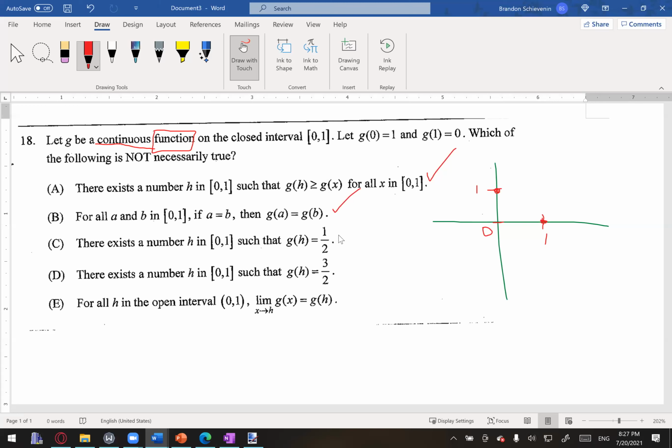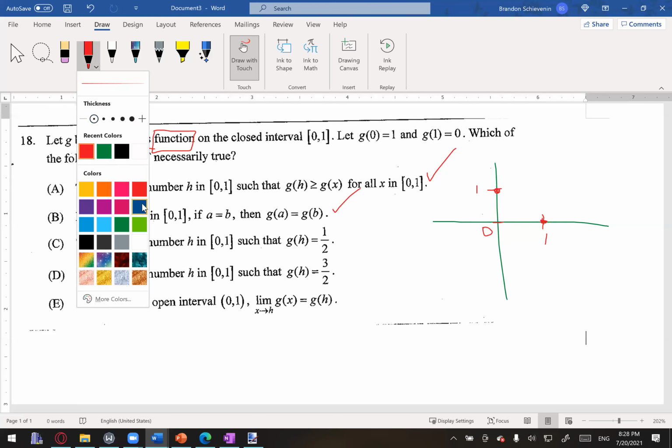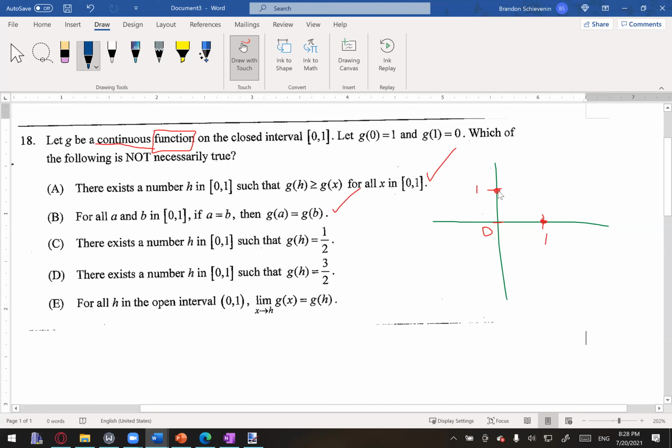It does have to be true because our function is continuous. There is no way to draw a line between the first point and the second point without passing through 1/2 at least once.